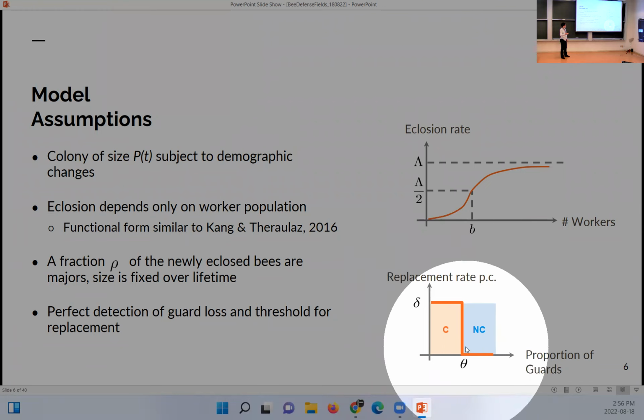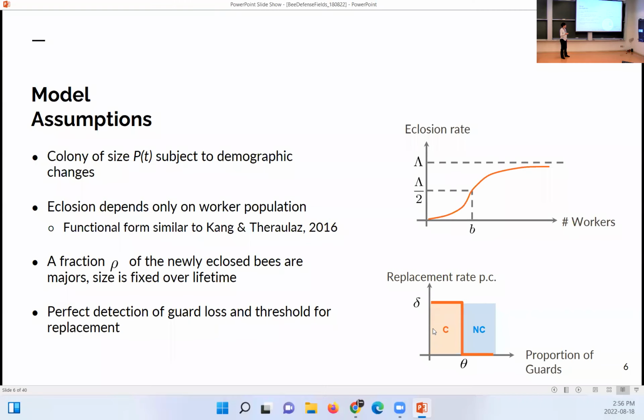And if the fraction of guards in the colony is above that threshold, then there will be no replacement. This stands for non-crisis, this stands for crisis. So it's perfect detection in the sense of a step function instead of a graded response, which is more likely what's happening, but this is a simple first approach to replacement.